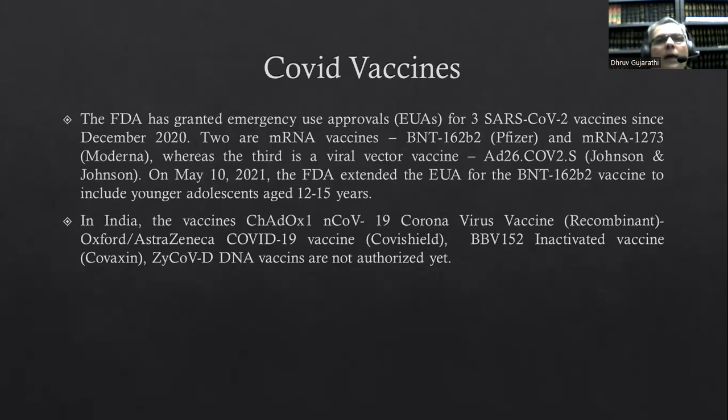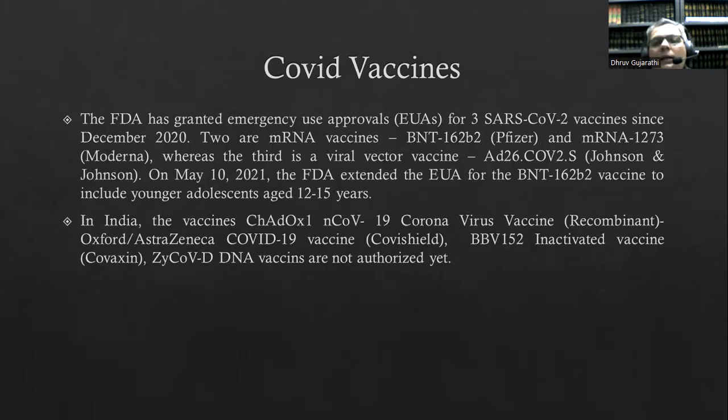In India, we have 4 vaccines which have been approved. One is the coronavirus recombinant Oxford, or what we call the AstraZeneca COVID-19 vaccine, which is a vector-borne vaccine.